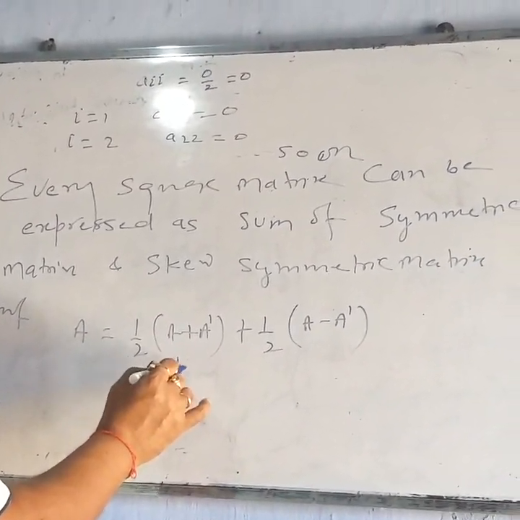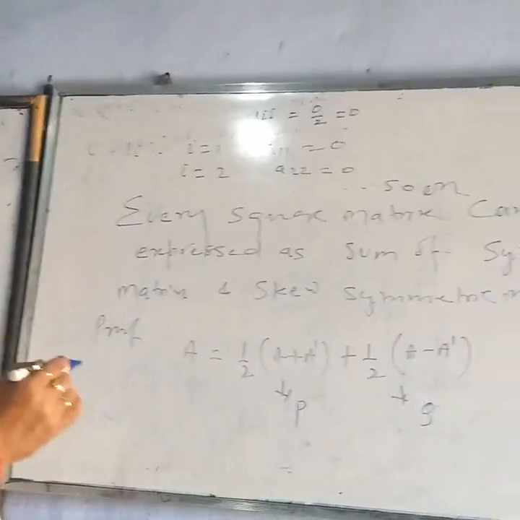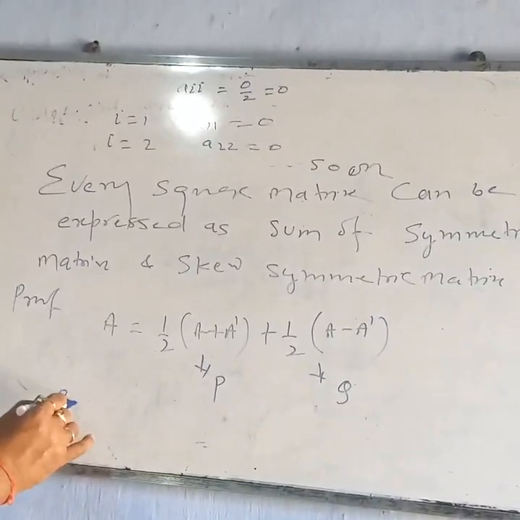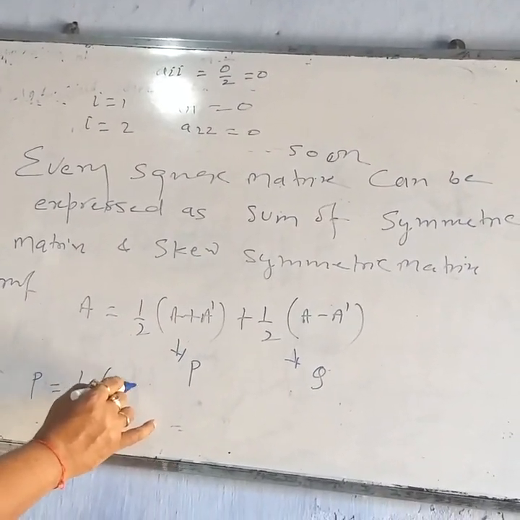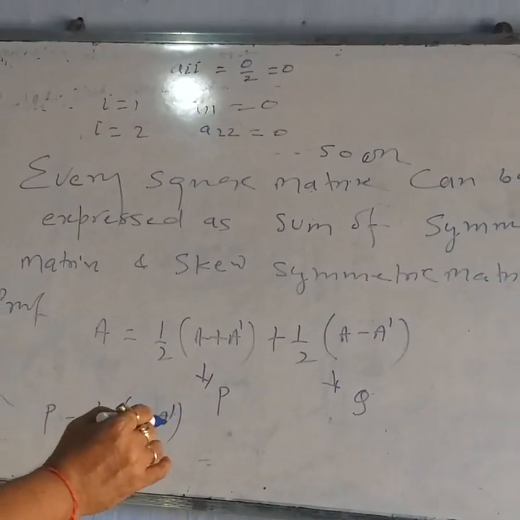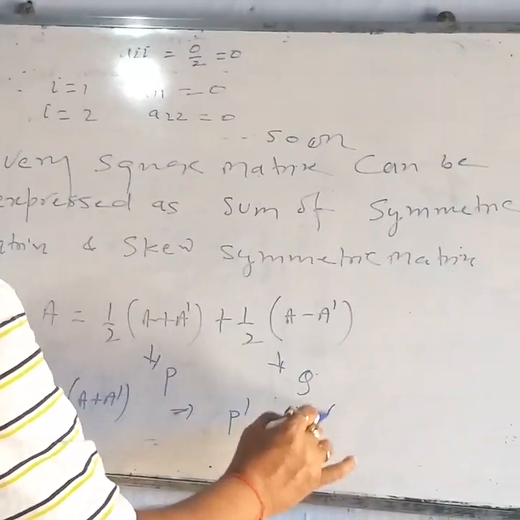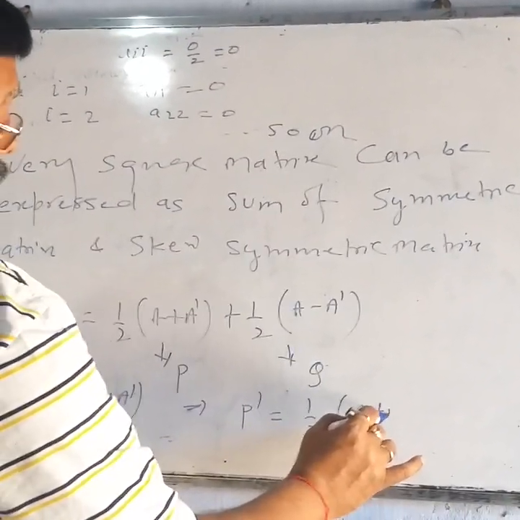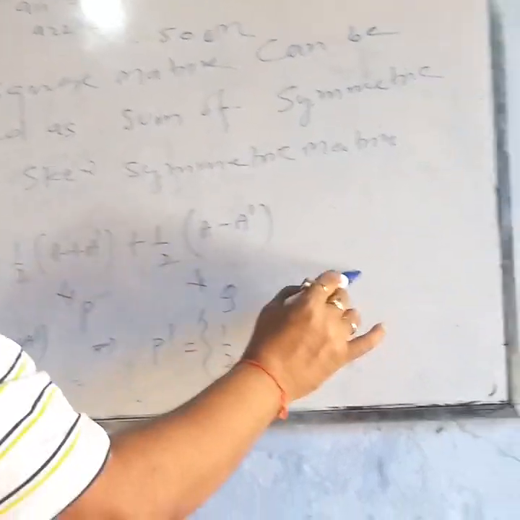Let us consider this is P, this is Q. So we see that P is equal to 1 by 2, A plus A transpose. Now P transpose is equal to 1 by 2, A plus A transpose, whole transpose.